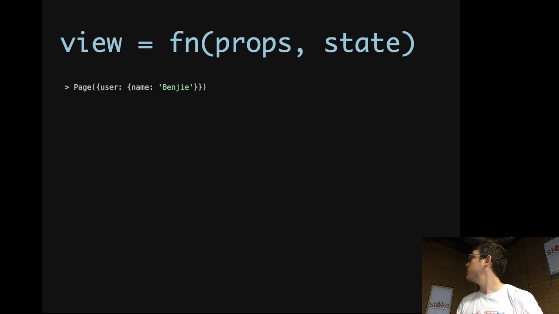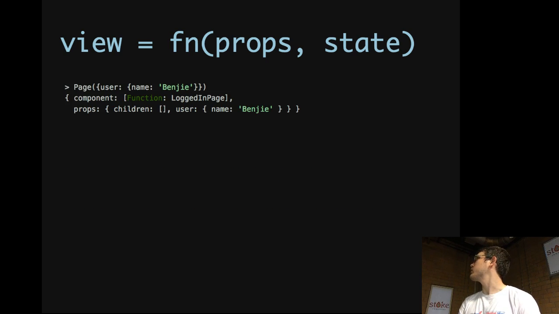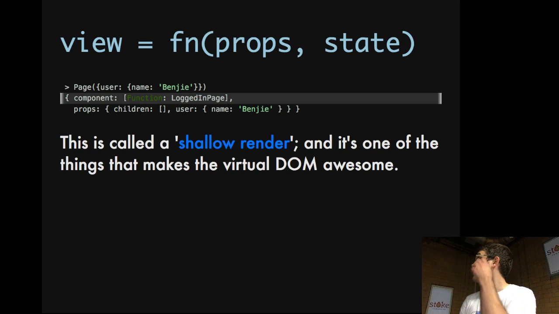And when we call page, which checks the user status again, and then renders the logged in page or the logged out page depending on if there's a user, we're going to get this structure. What's cool is, sorry that this isn't showing up on the screen, this is called a shallow render.